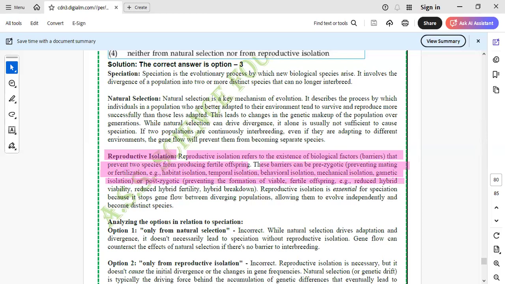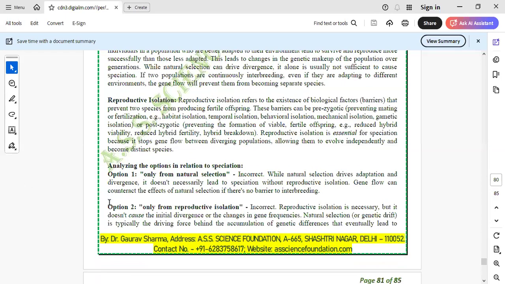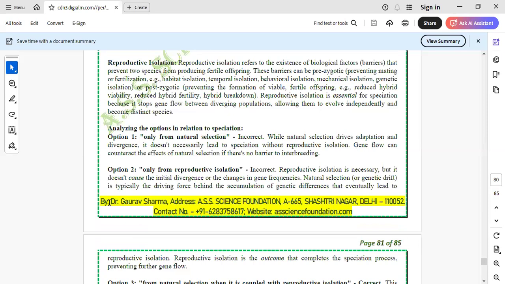And then you should know why only natural selection is not sufficient or reproductive isolation is not sufficient. Option by option we can say why it is not so. If you go to the first option, only natural selection, not possible. Incorrect. While natural selection drives adaptation and divergence, it does not necessarily lead to speciation. Without reproductive isolation, gene flow counteracts the effects of natural selection if there is no barrier to interbreeding. That is not correct.